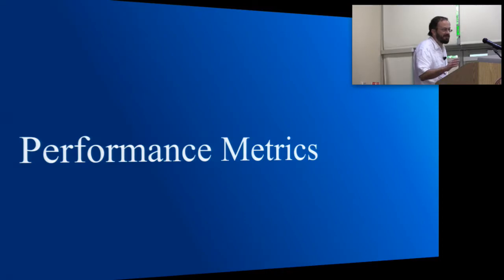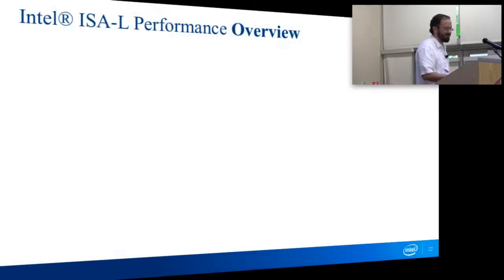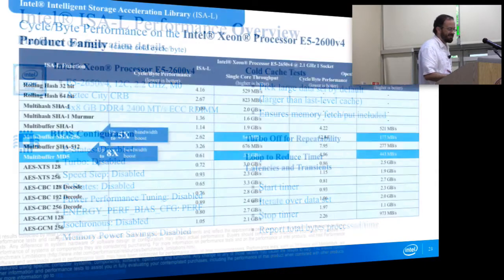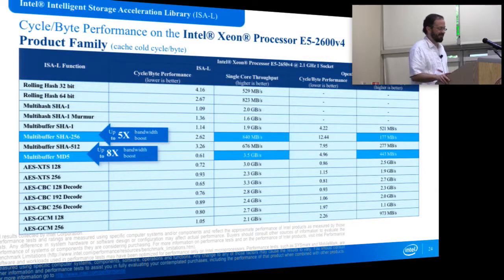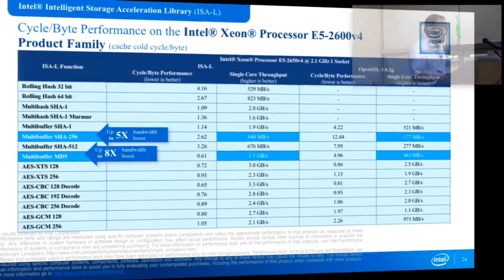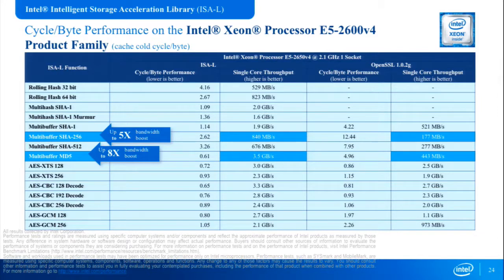I have some performance metrics. I wasn't going to bore you with them, but quickly you can see the list. We can do most operations now at single-digit cycles per byte or fractional cycles per byte. The multibuffer hashes are down to just a couple cycles per byte, and like I said, these are 5 to 8 times faster than the single buffer versions.